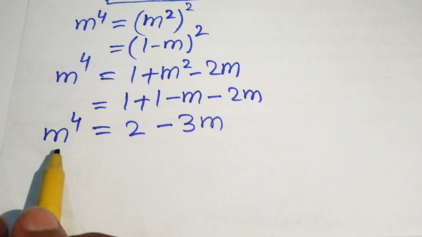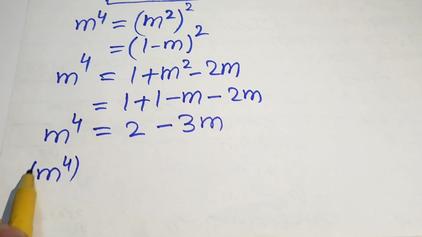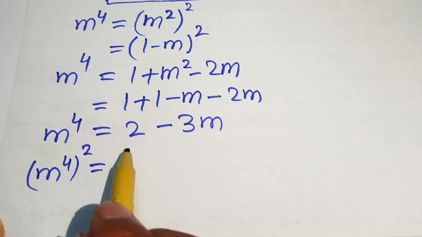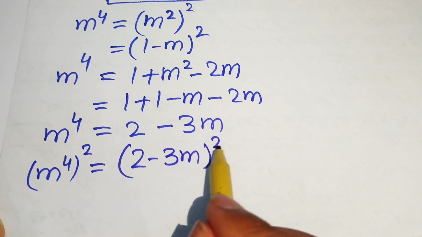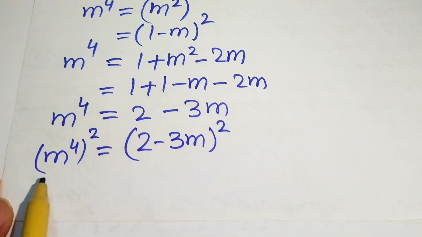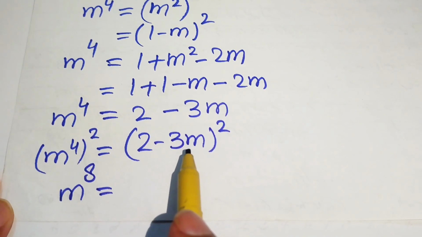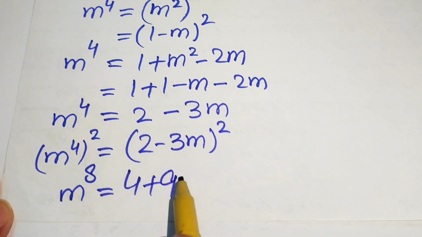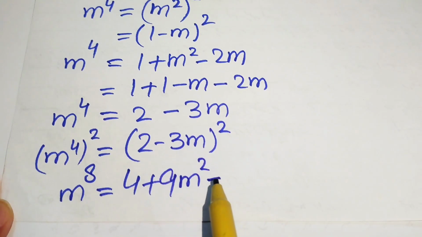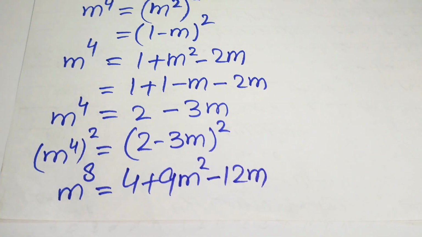And now we take the square on both sides, so that we get (m to the power of 4) square equals (2 minus 3m) whole square. In the left hand side, m to the power of 4 whole square equals m to the power of 8, and now we open the square of this term and you get 4 plus 9m square minus 12m.